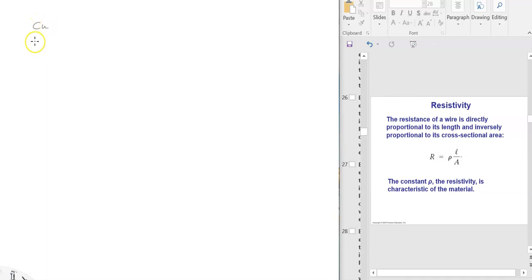It's 2 meters long, that's length is 2 meters, and the cross section is let's say 3 millimeters square of cross section. Let's say 0.3 millimeter.